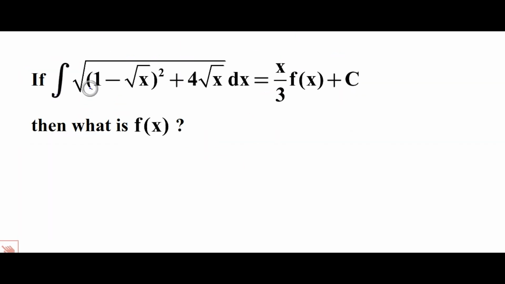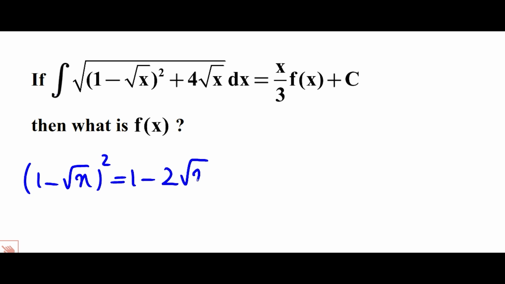If the integral of the square root of (1 minus the square root of x) whole squared plus 4 times the square root of x dx equals x over 3 times f of x plus c, then what is f of x? First, expand the square: (1 minus the square root of x) squared equals 1 minus 2 times the square root of x plus x.